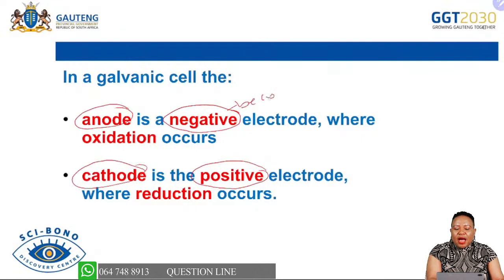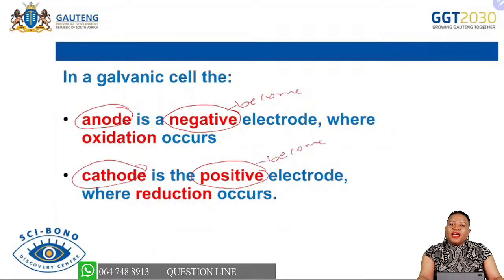When I say become, it is because there are no connections in a galvanic cell. We are not going to connect with any power source. Therefore, for the cell to operate normally, those electrodes will definitely be our positive and negative terminals.